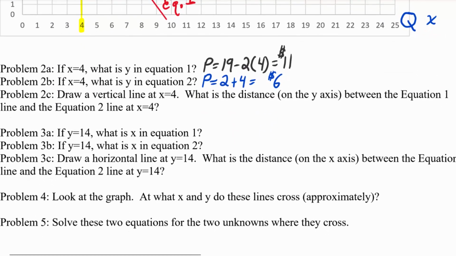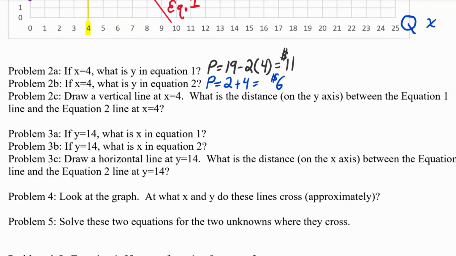In problem 2, draw a vertical line at x equals 4 to help us visualize this. What is the distance on the y-axis between equation 1 and equation 2? So again, we can visualize it on the graph. We can also just calculate it, 11 minus 6, and get $5. And we want to think about what that means.